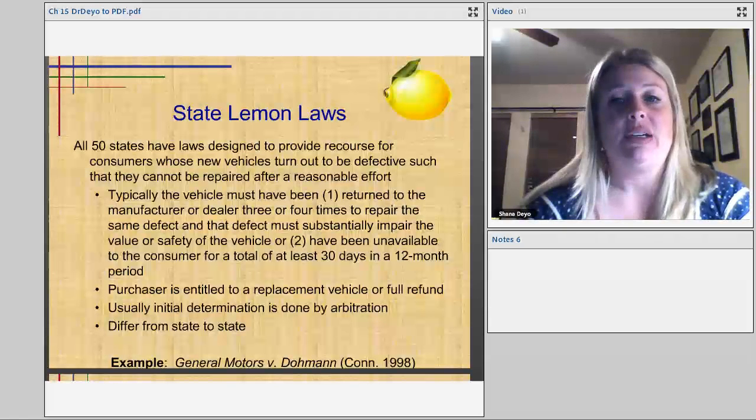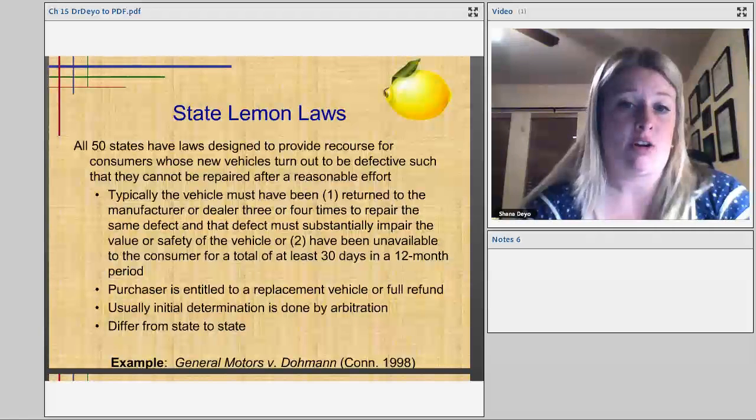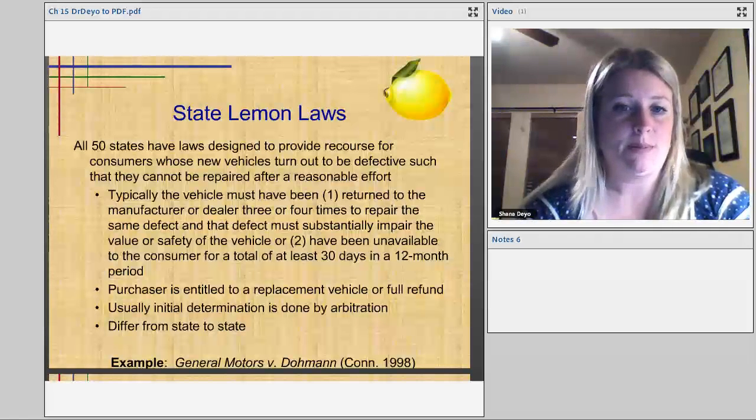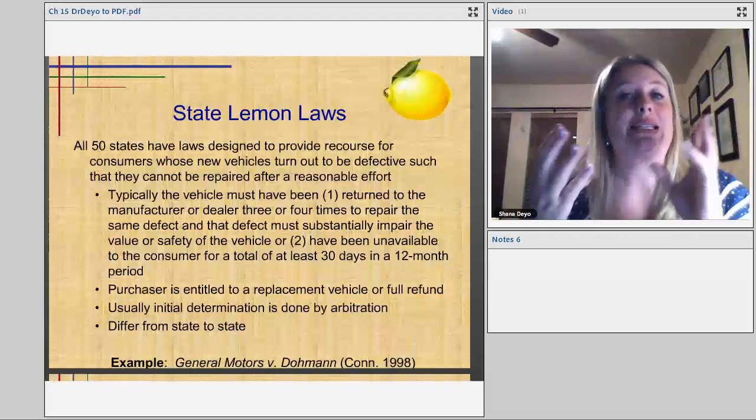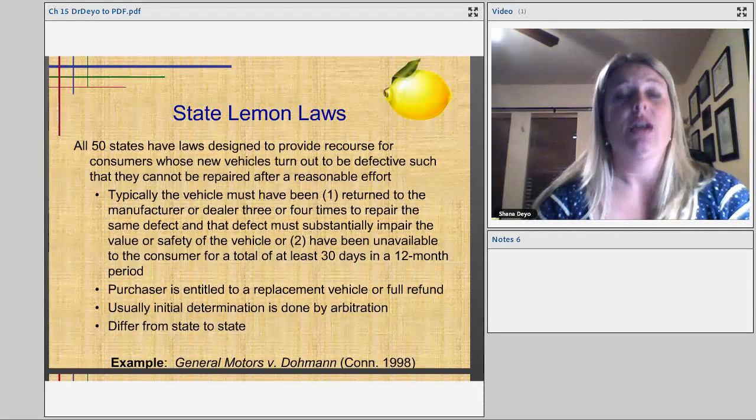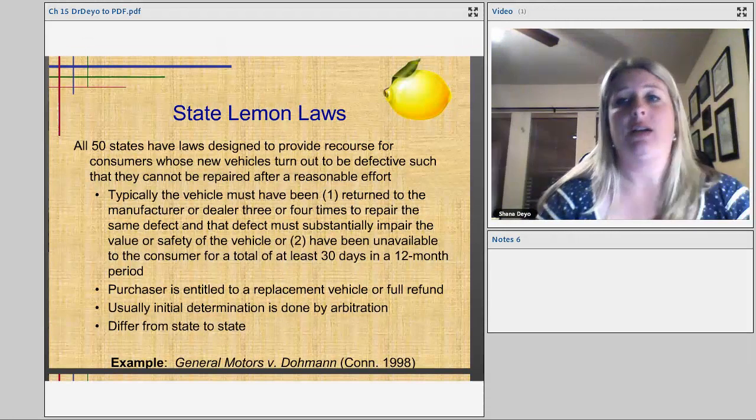Or you must have been unable to use that car for like 30 days within a 12-month period. Some states say you have to have 30 consecutive days within a 12-month period. Some say 30 days over a 12-month period.